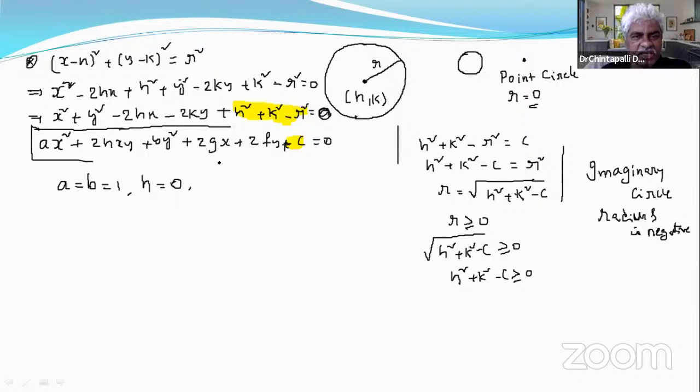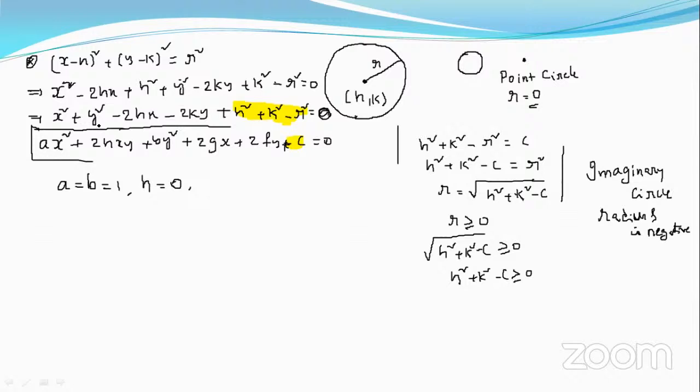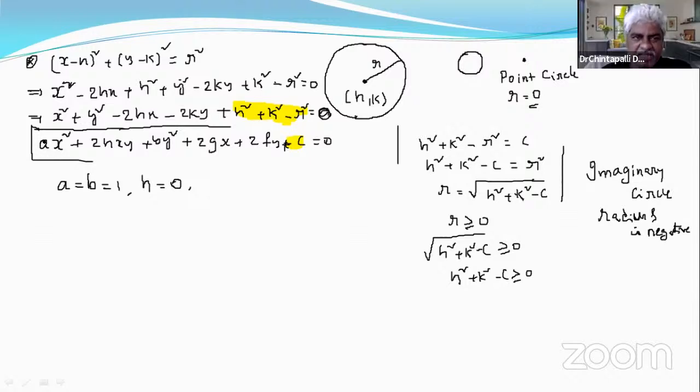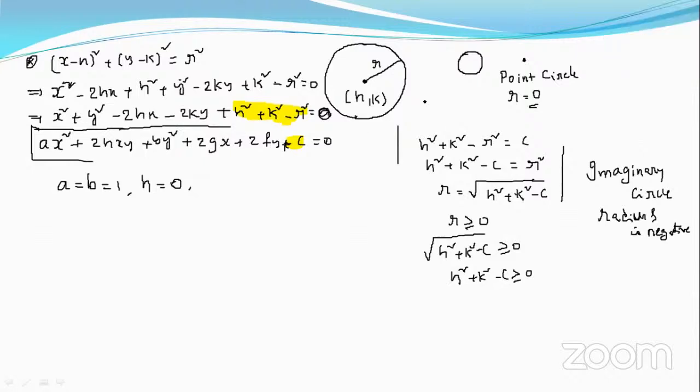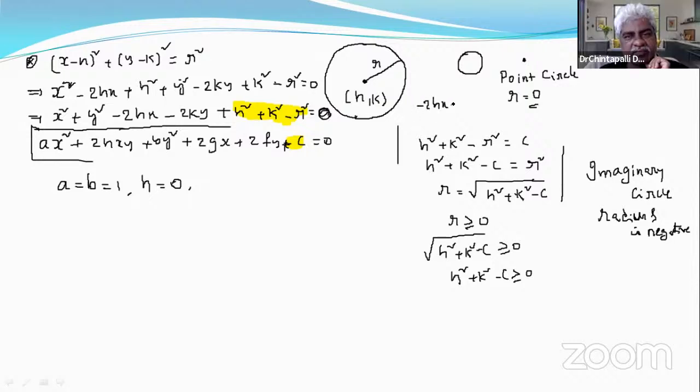What is h here? When we compare these two equations, it is minus 2hx and 2gx. If compared, the x square coefficient is 1, and here the x square coefficient is a, right? What is the x coefficient? The x coefficient is minus 2h, and here the x coefficient is 2g. So minus 2hx is compared to 2gx.